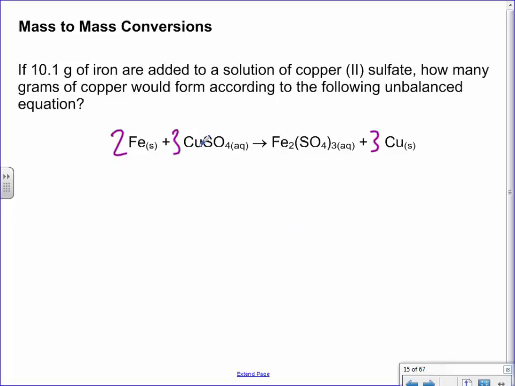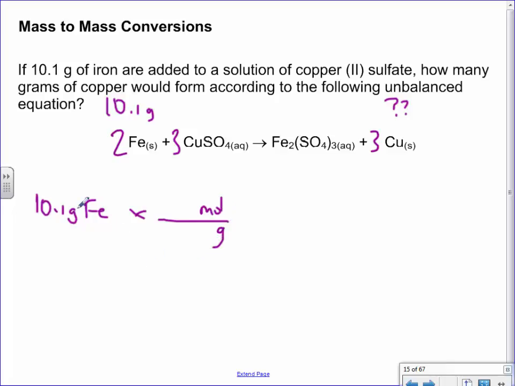Okay. So I started with 10.1 grams of iron. The question is, how much copper is going to be produced? So do something like this. Take 10.1 grams of iron, and this is the way I like to set it up. I'm going to do a molar mass like this.